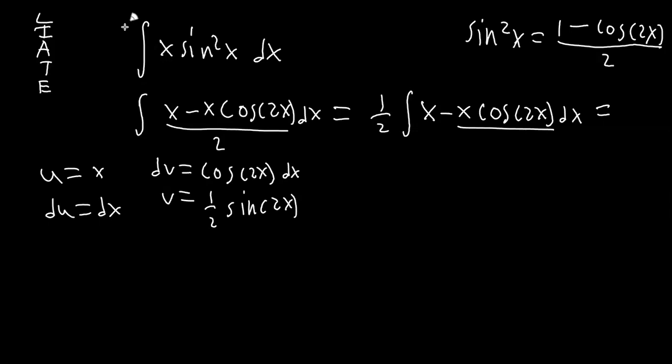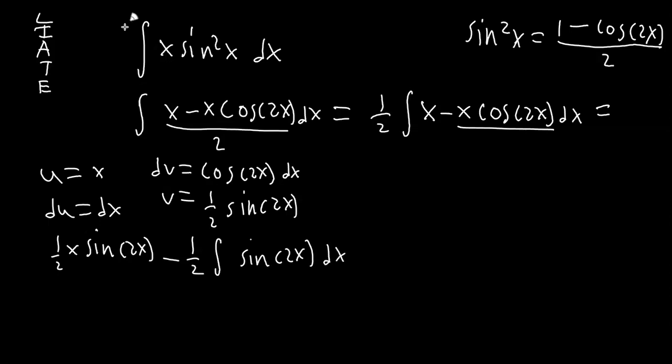Okay, now 1/2 x times sine of 2x minus the integral of sine of 2x, right? So I just pulled out the 1/2 there.